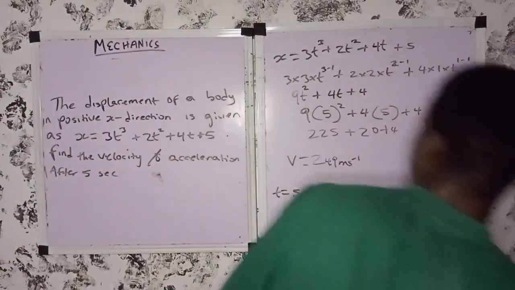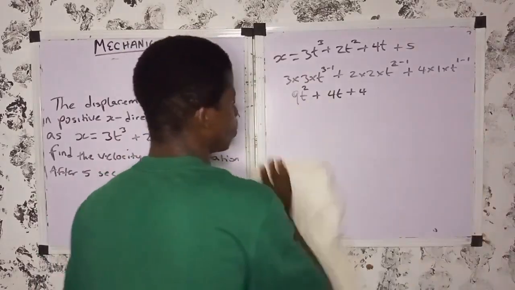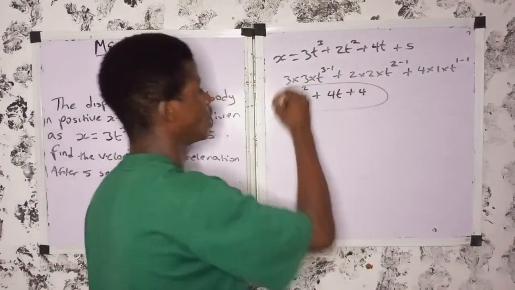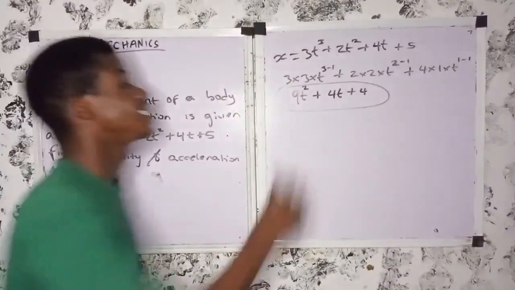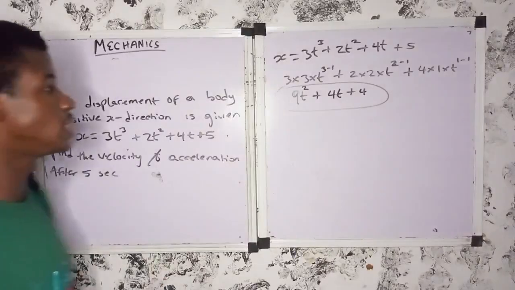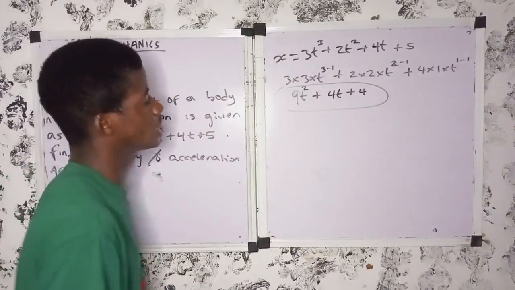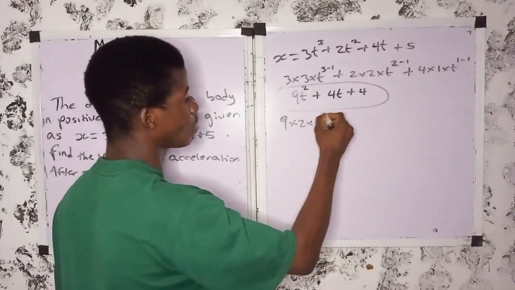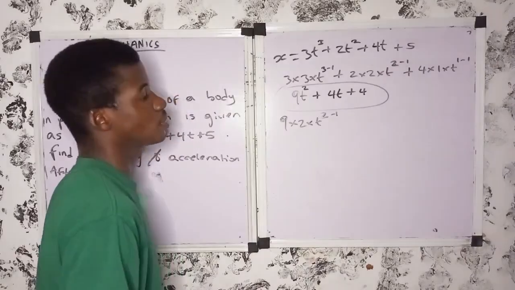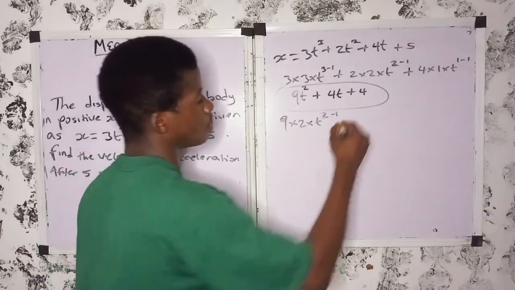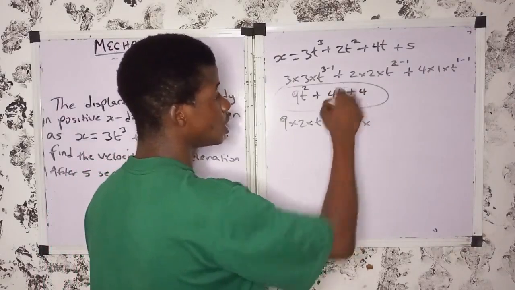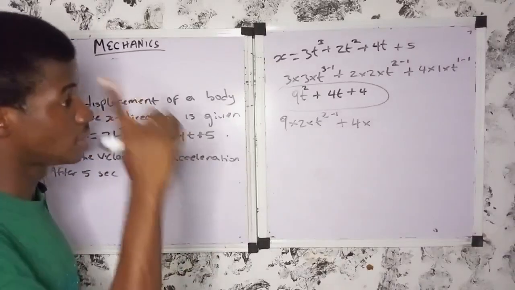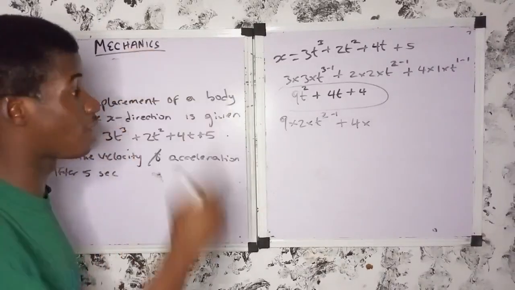It's very easy. Now remember, to look for the acceleration, this was our first derivative. So to look for acceleration, we differentiate this one again. If we differentiate this, 9 times 2, then times t, subtracting 1 from 2. Then plus 4 times t raised to power 1, since anything standing alone is still raised to power 1.